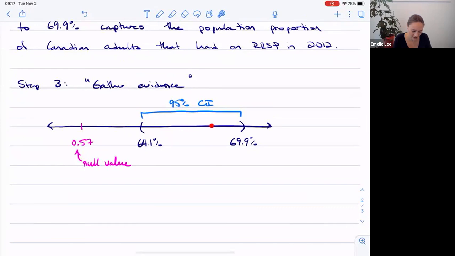And so here, this gives me evidence that the interval is above the null value, right? Or rather, the null value is not contained in the interval, right? And so this gives me evidence to reject the null hypothesis, right? Because this null value is not in the interval.